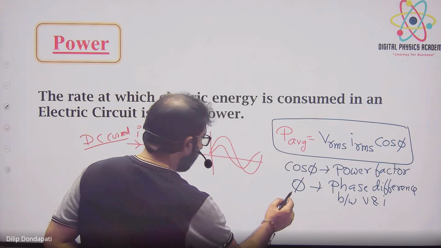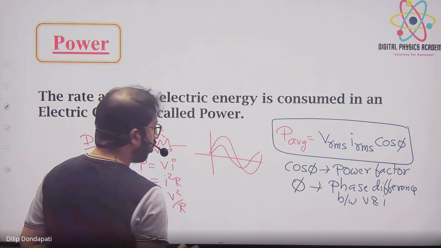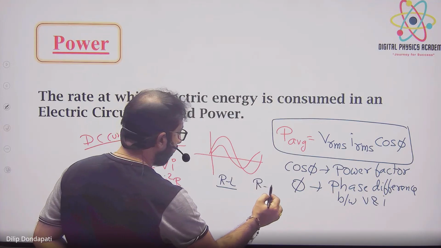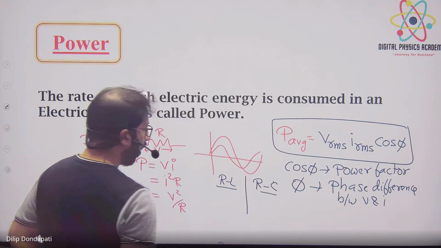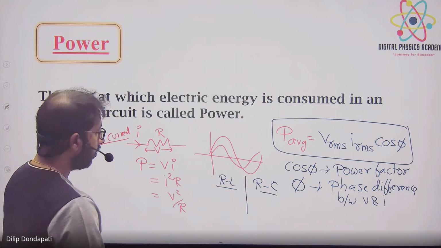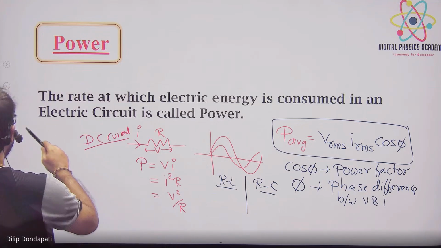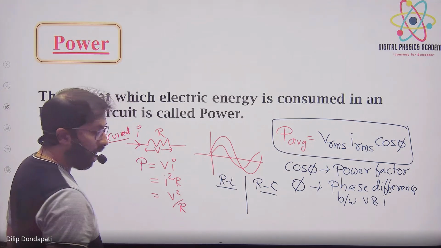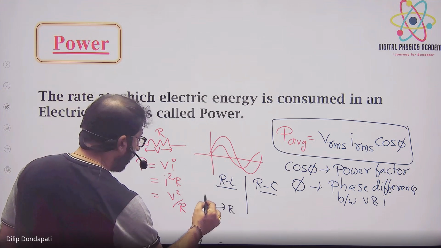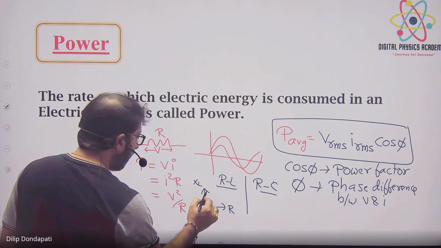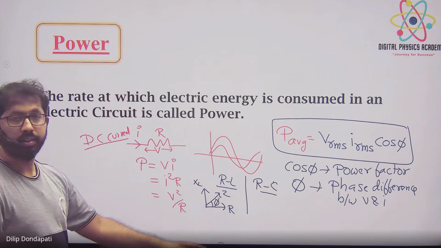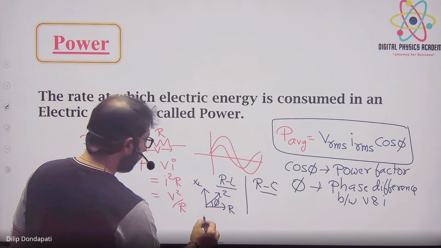And same power factor RL circuit में कितना होगा? RL and RC circuit में कितना होगा power factor? Suppose impedance triangle मालूम है आपको? RL circuit का कैसे draw किया, याद है? R, XL, and this is Z and this is phi. From this, what is cos phi?